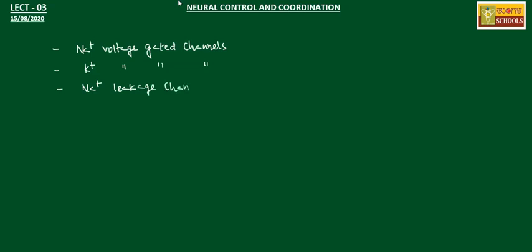To maintain the polarized membranes, we have understood that the membranes will have sodium voltage gated channels, and they also have potassium voltage gated channels, and along with them there are even sodium leakage channels, potassium leakage channels, and lastly sodium potassium pumps.